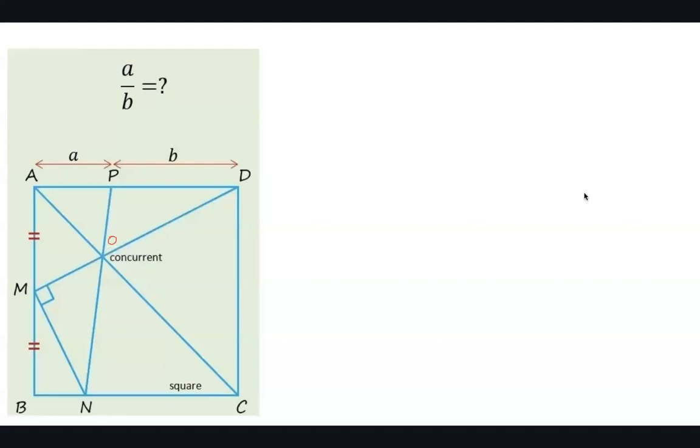From point M, angle DMN is created in such a way that angle DMN is 90 degrees.